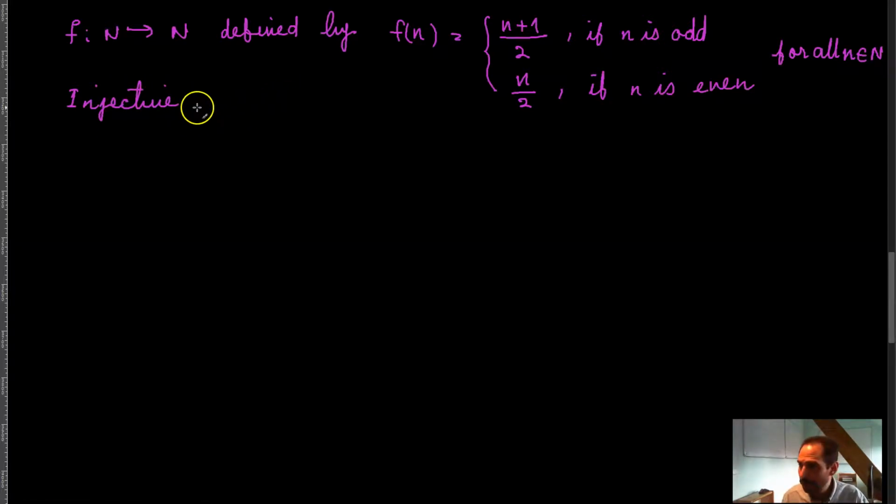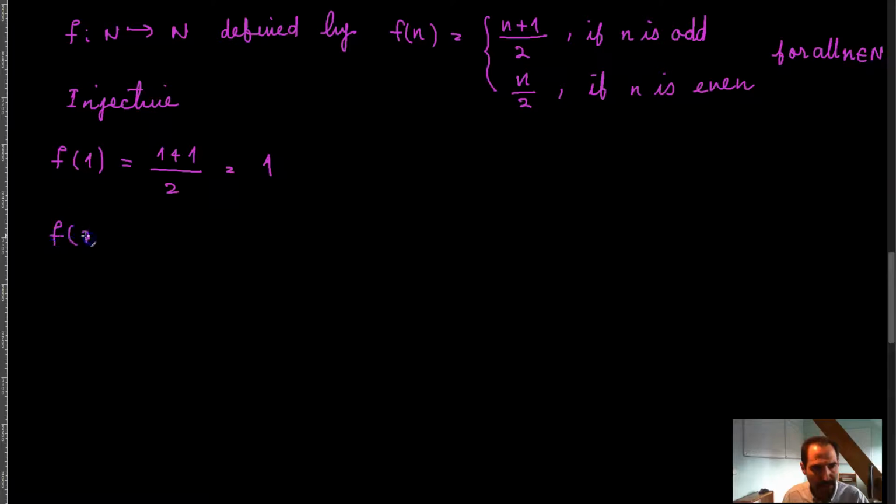So first, you can show that, first of all, f of 1 here is equal to, if n is odd, you use this part of the function, which is n plus 1 divided by 2. So 1 plus 1 divided by 2, which is equal to 2 divided by 2, is equal to 1.